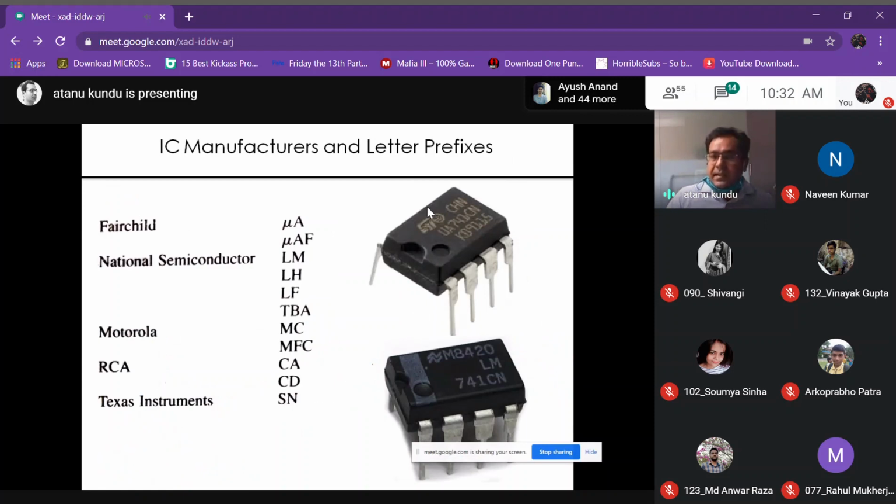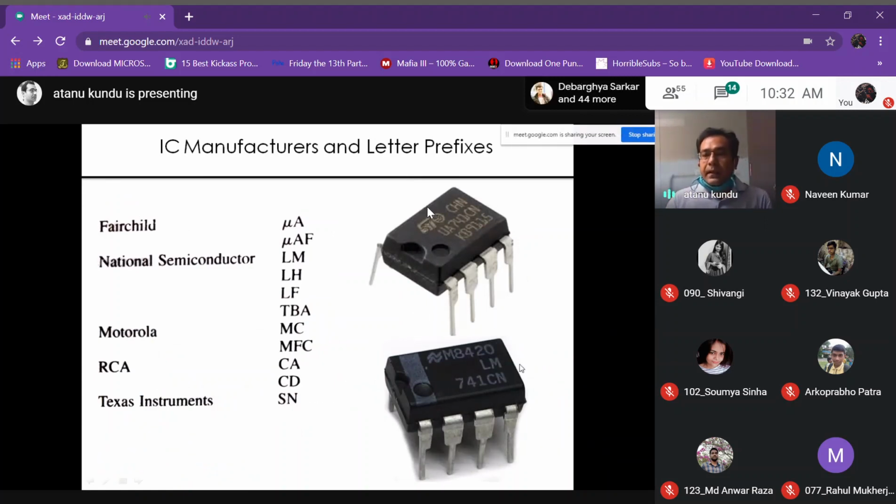So this is what the IC actually looks like. There are different IC manufacturers. Clear? Fairchild is one manufacturer, and for their ICs they use the initials MUA. If this is a 741 IC, then they will use MUA 741.